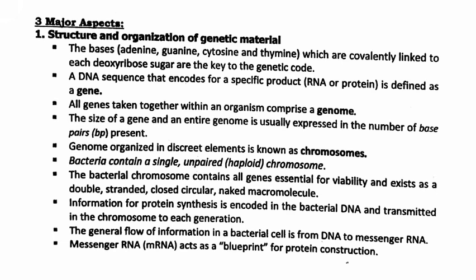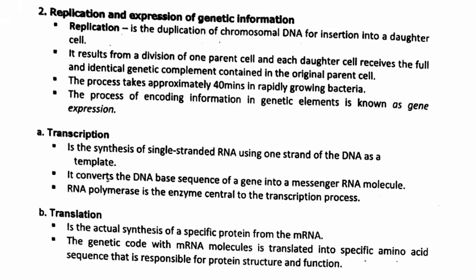The general flow of information in a bacterial cell is from DNA to messenger RNA. Then the messenger RNA acts as the blueprint for protein construction, and this messenger RNA will be taken by the ribosomes for protein synthesis.